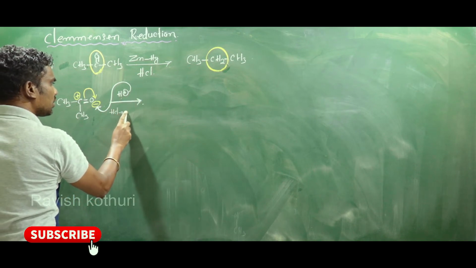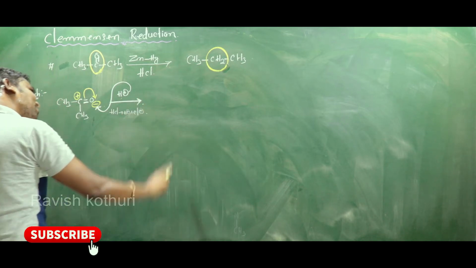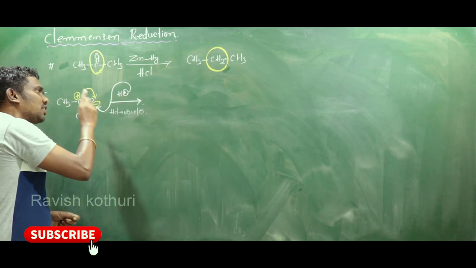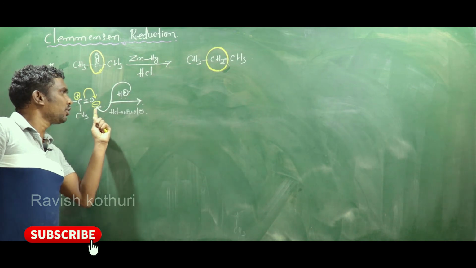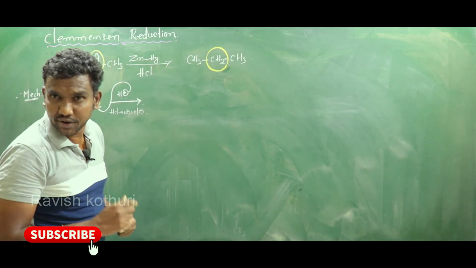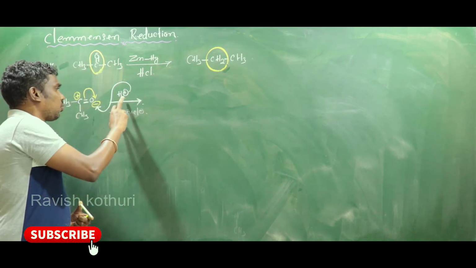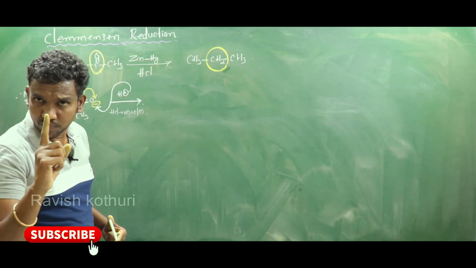HCl dissociates into H plus and Cl minus, right? So this H plus attacks the negative side. One positive, one negative becomes what? One bond, my dears. See here, the very important point. What I want to say is that the one positive and one negative will become one bond.